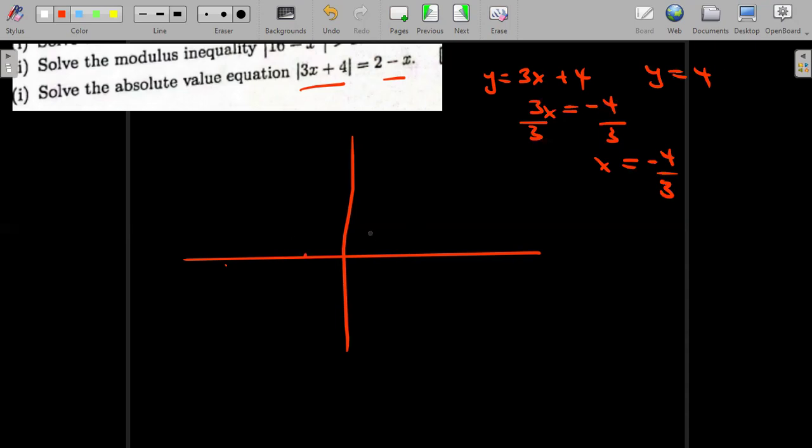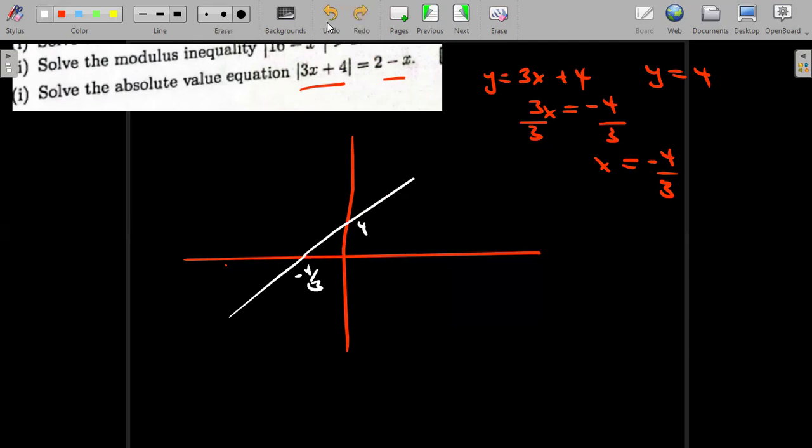Now, this graph is the modulus. If it was not in the modulus, we would have graphed this just like this, where this point here is negative 4 over 3, and that point there is 4. Now that it's in the modulus, and the modulus always gives us positive values, this side which is in the negative region will be reflected to the positive region.